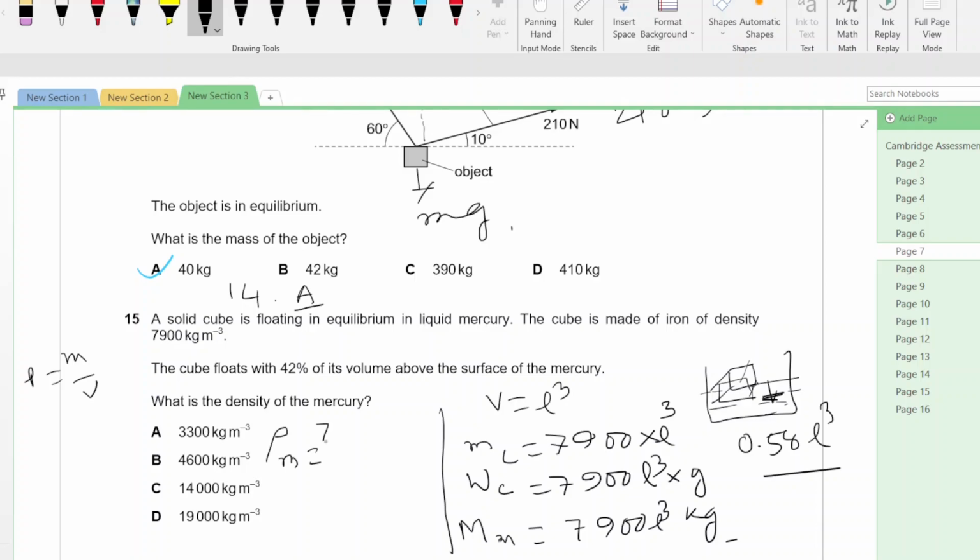We know the density rho of the mercury is mass by volume. Now write 7900 L cube by its volume 0.58 L cube, and it gives 13,620.7.